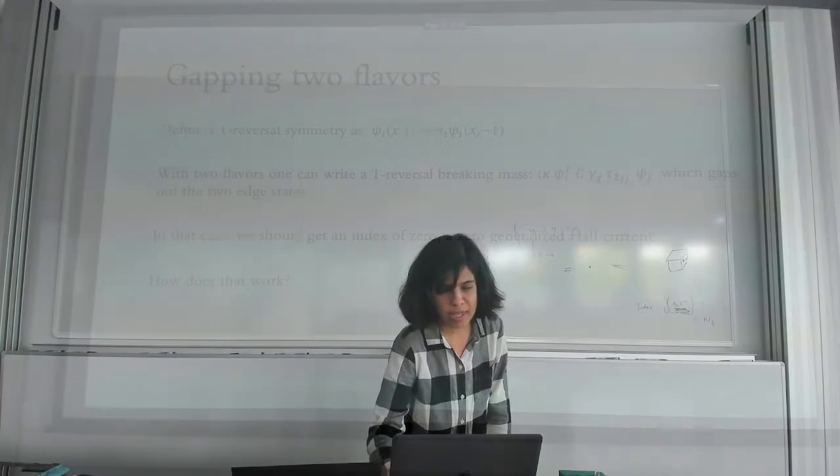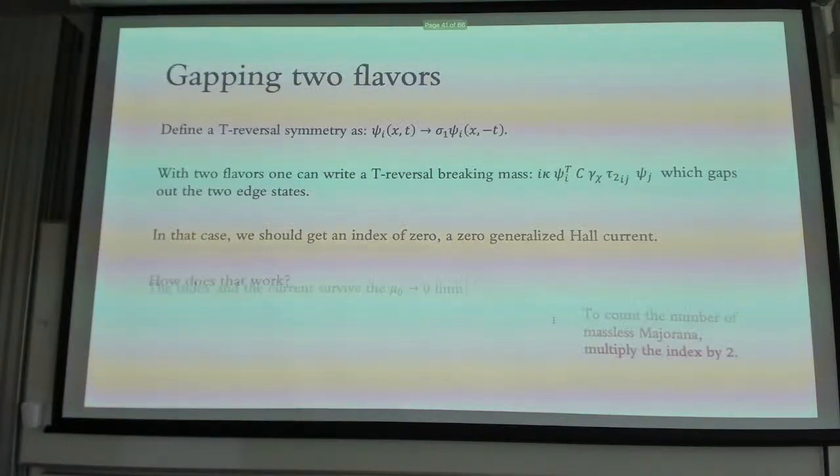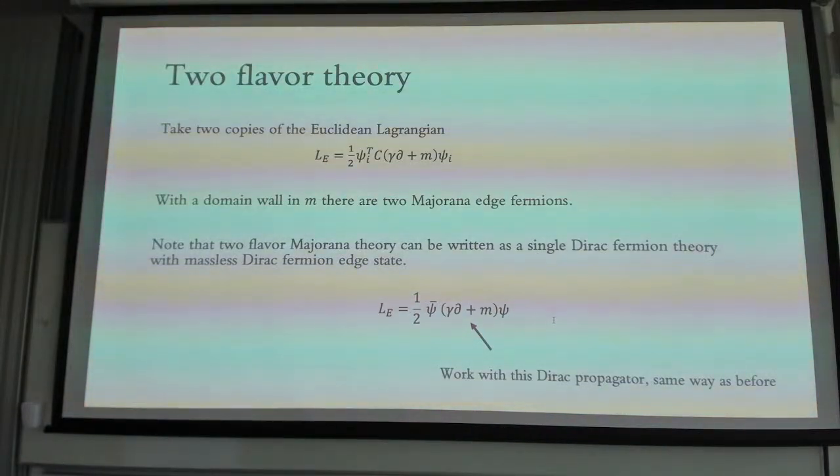Because I'm not enlarging, for example, in the 2 flavor case, when I write the Euclidean Dirac operator with a 0 mode. Whenever you have these massless fermions in your original theory, there is a correspondence. I can write a corresponding Euclidean theory with 0 mode.